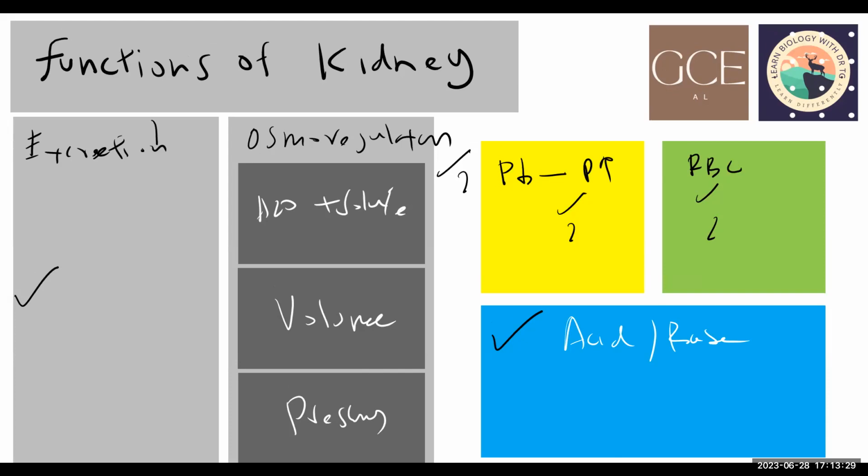So the functions of the kidney listed are osmoregulation, excretion, acid-base balance, and at the same time blood volume and blood pressure. That's a part of osmoregulation. And there are another two functions. One function we're going to learn right now.